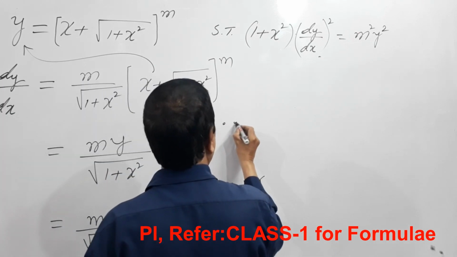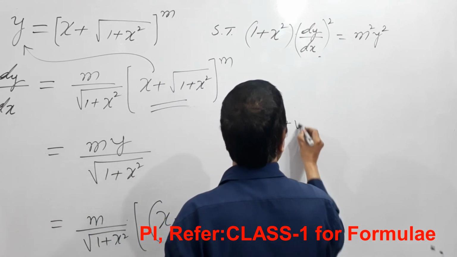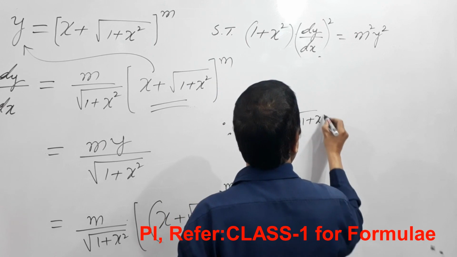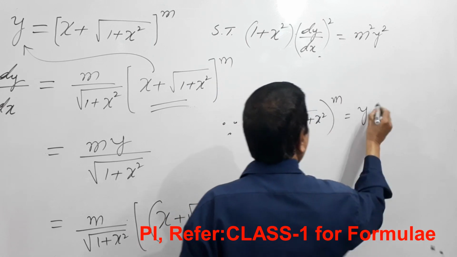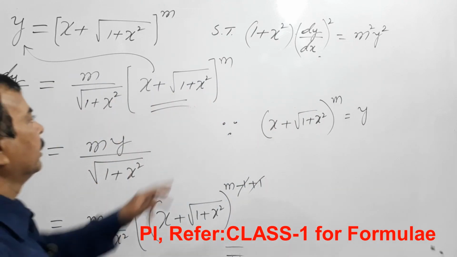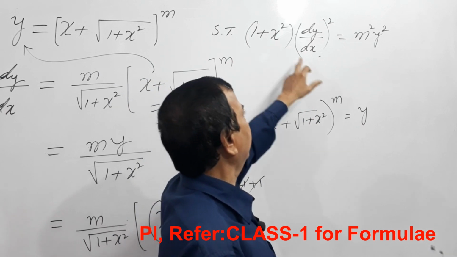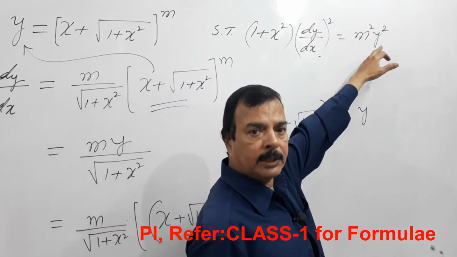Since x plus under the root 1 plus x square to the power of m equals y, isn't it? So what does he want? He wants to show that 1 plus x square into dy by dx a whole square equals m square into y square.